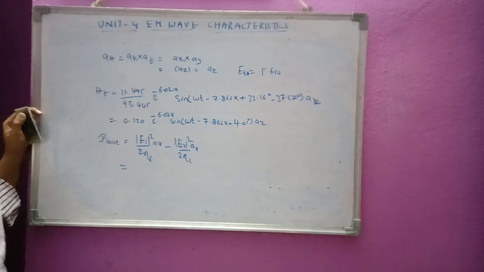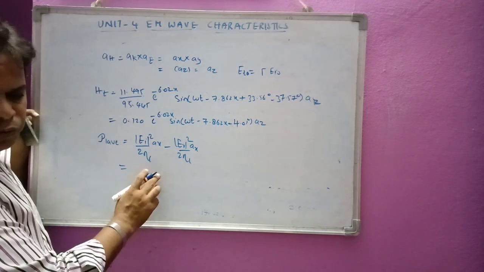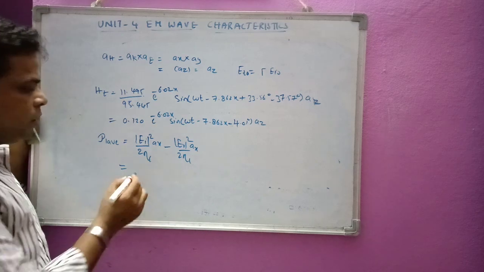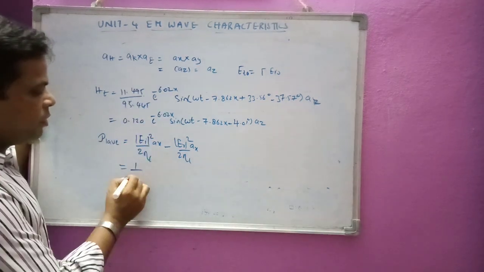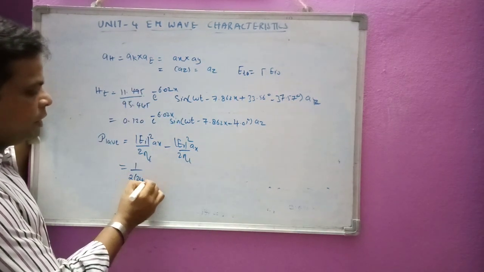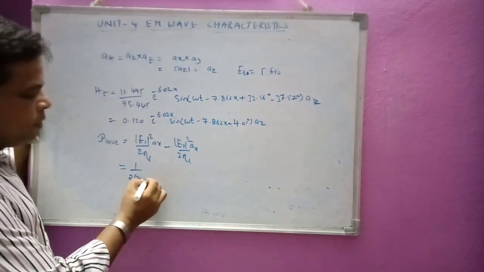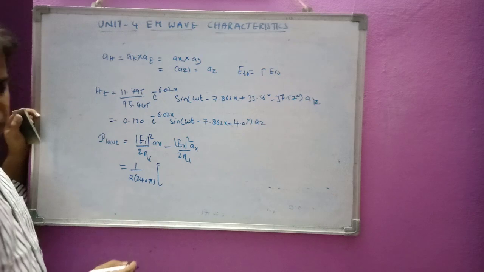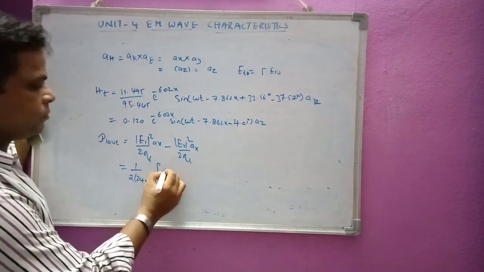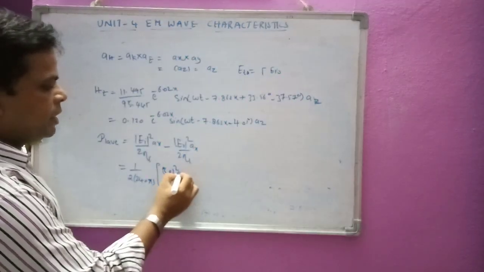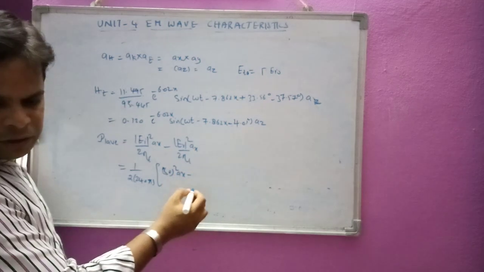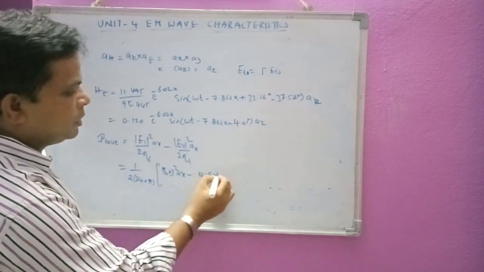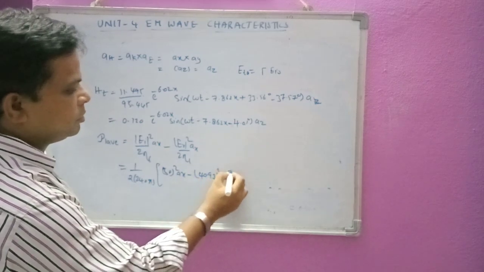Already we have got 2 eta 1 as 240 pi, so the common factor is 1 by 2 into 240 pi into mod E1 square, which is 50 square a_x minus 40.93 square a_x.